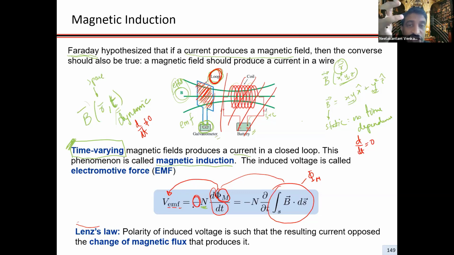Now this current is going to have its own magnetic field, and the direction of its magnetic field should be opposite to the direction of the magnetic field that creates it in the first place. What do we mean by that? I have something that is creating me, so I create something that is counter to what is creating me, so that what is being created does not keep expanding. There is a finite energy, it can't keep on increasing.